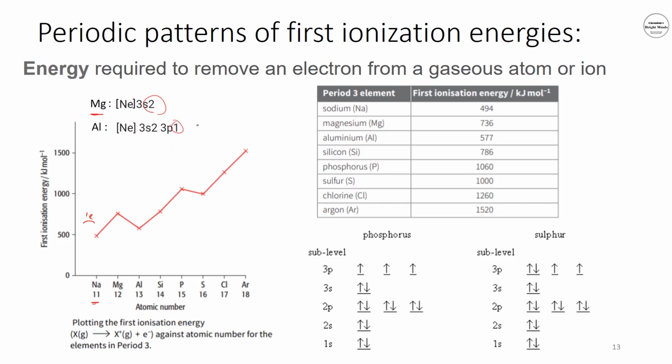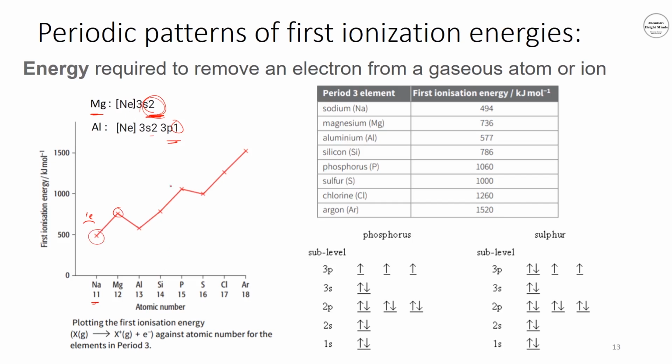The reason behind that is because it loses first the 1 electron in the p orbital before losing the 2 electrons in the s orbital. This is why aluminium has a lower ionization energy than magnesium. In magnesium, you have to break a filled orbital, which is the s orbital, but aluminium has only 1 electron there. It is easier to lose this electron.